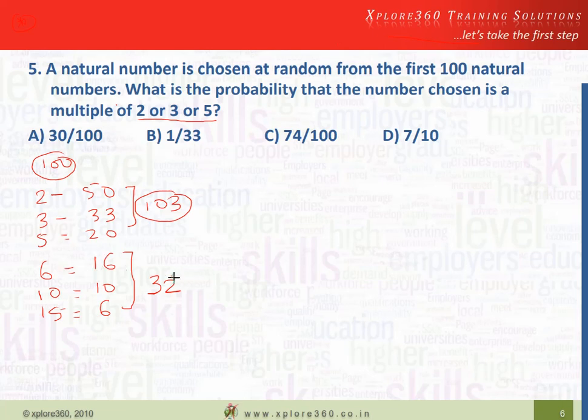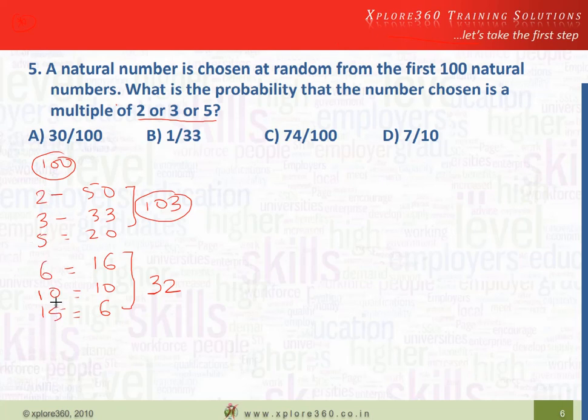But while doing this, you are subtracting the numbers divisible by 5 into 3 into 2 twice. So you have to add that back, right? What is the multiplication of 5 into 3 into 2?